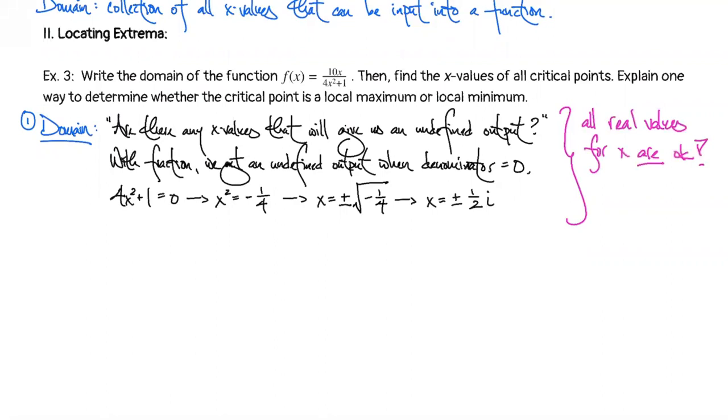When we take the square root of negative 1/4, when we take the square root of a negative number, we're going to have an i, and the square root of 1/4 is 1/2.